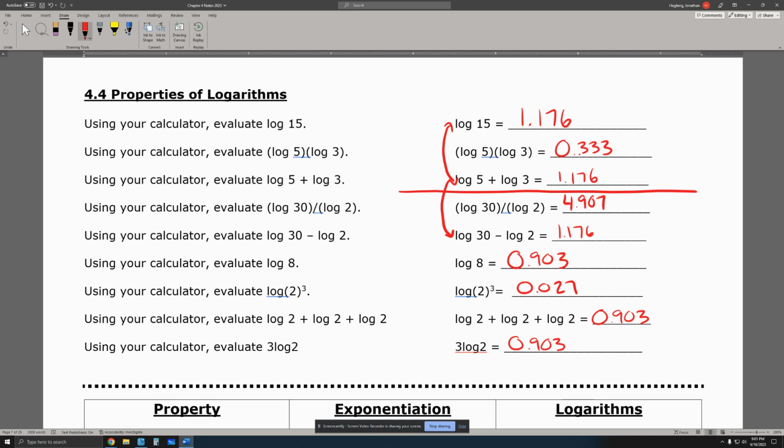Another thing that I notice is that log of 8 is equal to log of 2 plus log of 2 plus log of 2, and that's also equal to 3 times the log of 2, which kind of makes sense. Notice that it's not equal to the log of 2 cubed. And likewise, the log of 30 divided by log of 2 is not equal to the log of 15. So we can't divide those arguments of the log.